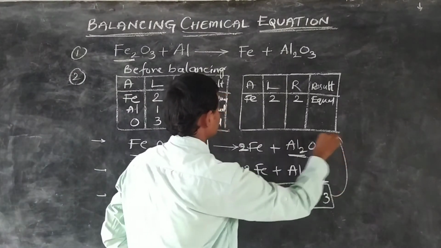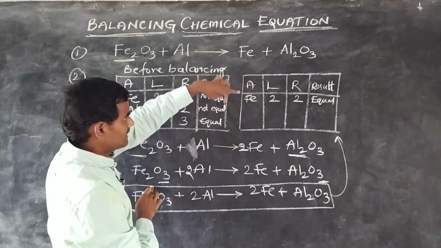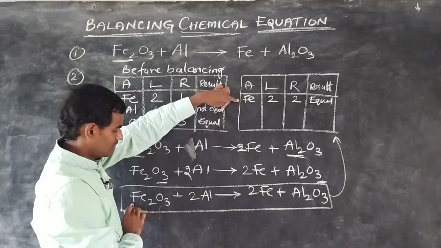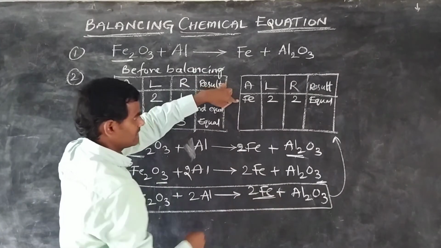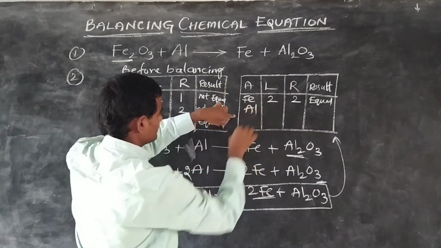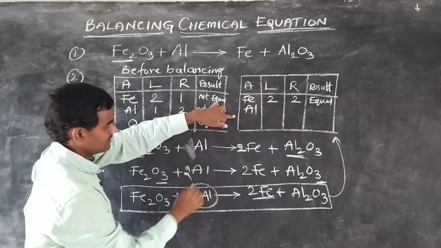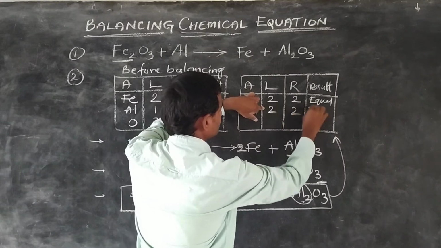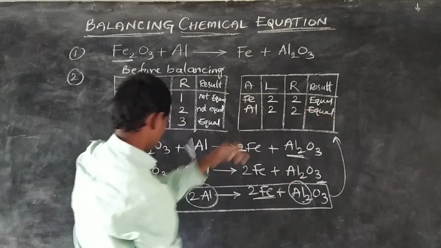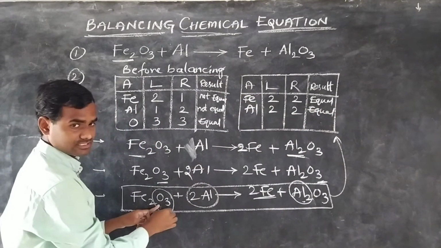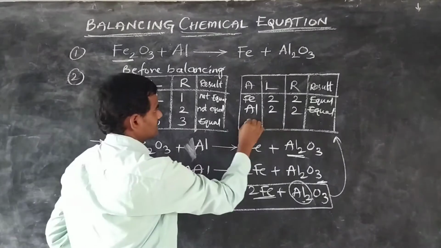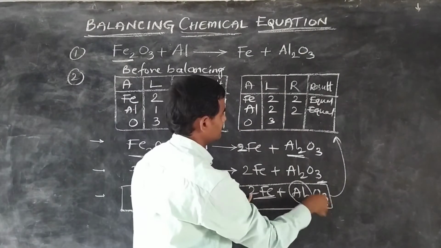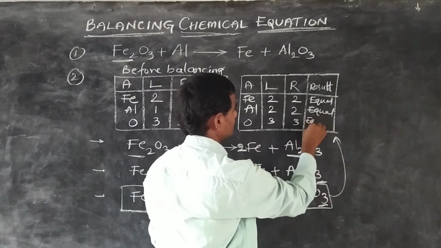Here we will check. Iron is already balanced with 2 on left hand side and 2 on right hand side. Coming to aluminium, aluminium on left hand side are 2 and right hand side also 2, it is also equal. Coming to oxygen, oxygens on left hand side are 3 and right hand side also 3, it is also equal.